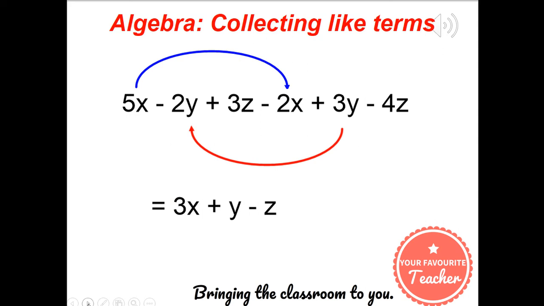We have 3 y's minus 2 y's is 1 y. And we have 3 z's minus 4 z's, and that ends up as minus 1 z. We don't put a 1 in front of any of the letters. We just keep it as it is.